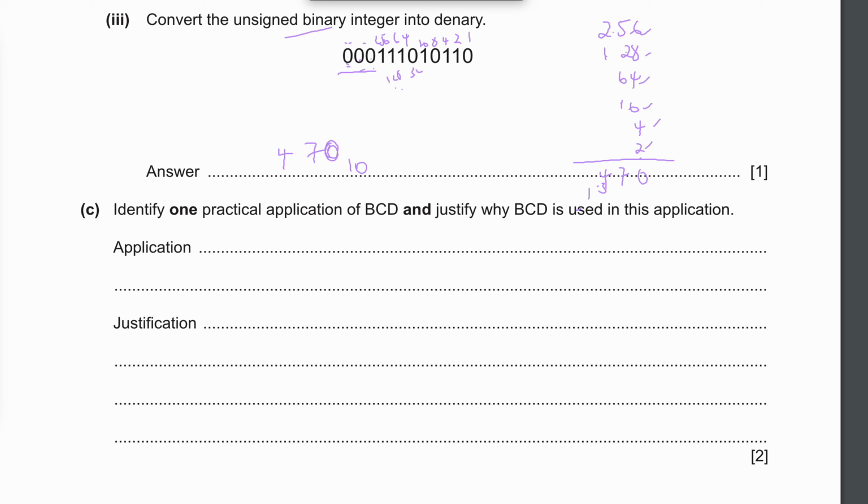Right? The next question is: identify one practical application of BCD and justify why BCD is used in this application. We can use BCD in quite a number of gadgets, but we can talk about BCD being used in electronic displays.